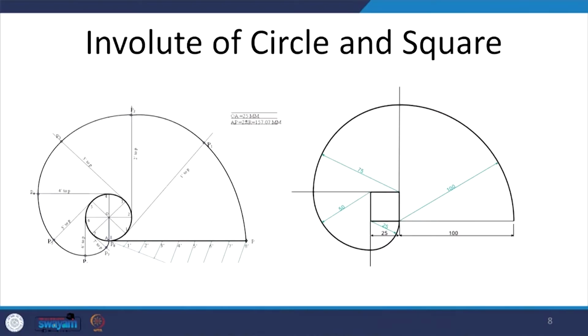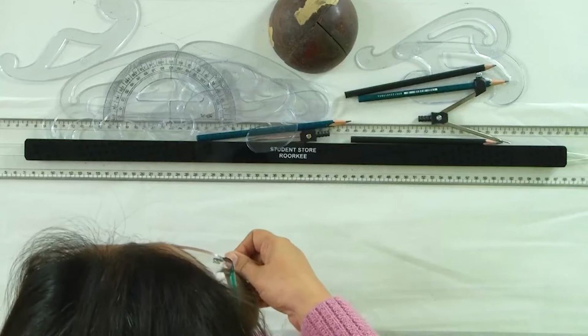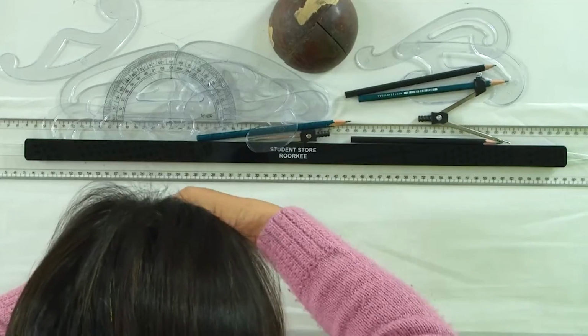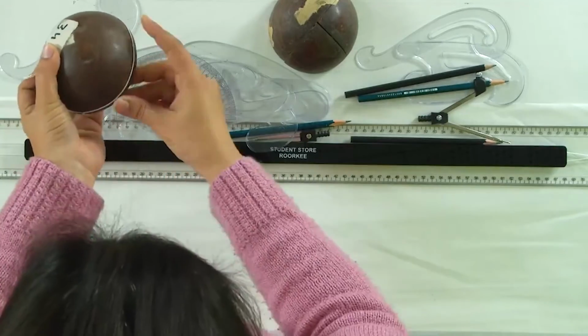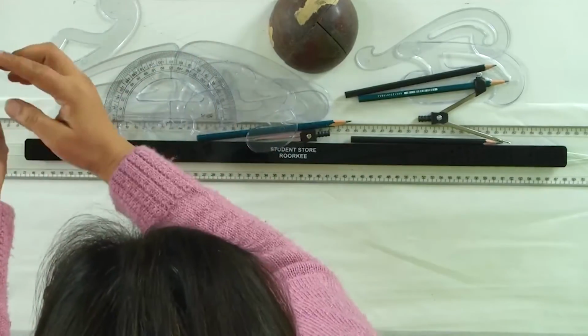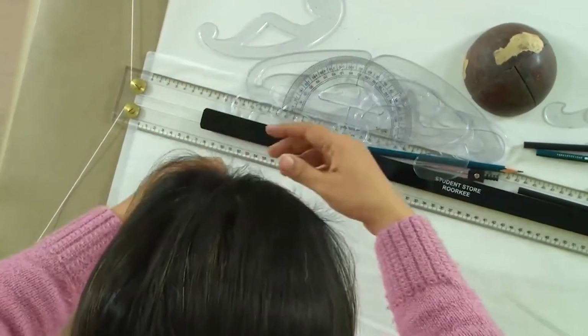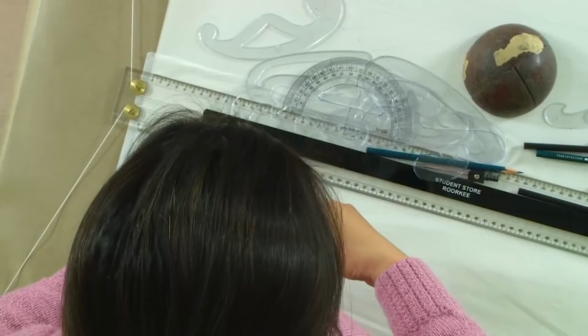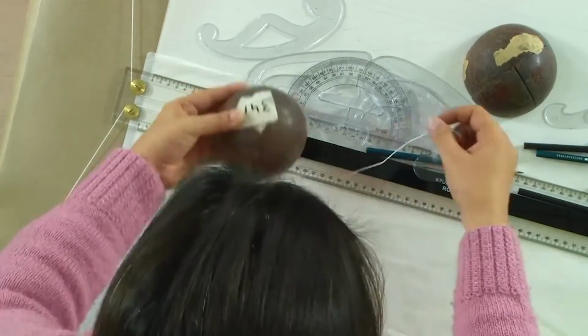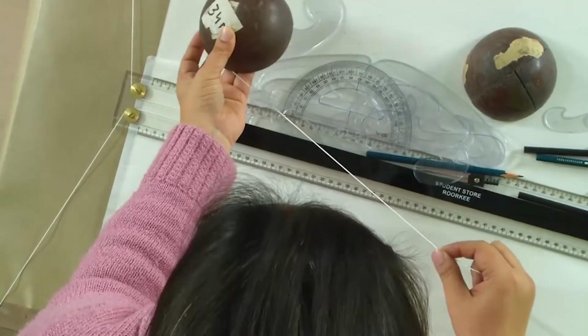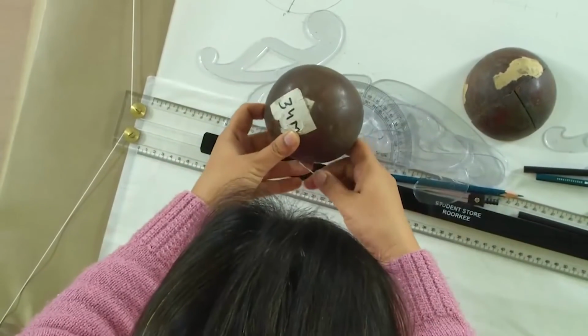So, what is an involute? It is the path which is traced if a thread which is wound on a circle or any other shape is gradually opened in such a manner that one part of the thread is opened at a time. So, just assume that there is a thread which is wound on a circle. I am just winding it up on the circle, and we start to open it in a gradual manner such that the thread remains tangential to the circle.